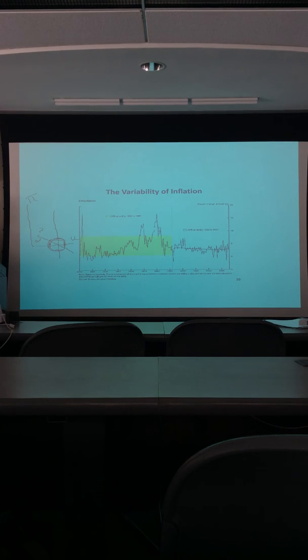But what's important is to keep the expected inflation rate equal to zero. So long as the expected inflation rate doesn't change in response to what monetary policy is doing, you will have a Phillips curve moving up and down because of the shocks. So long as the expected inflation rate is anchored, that's what's being done here.